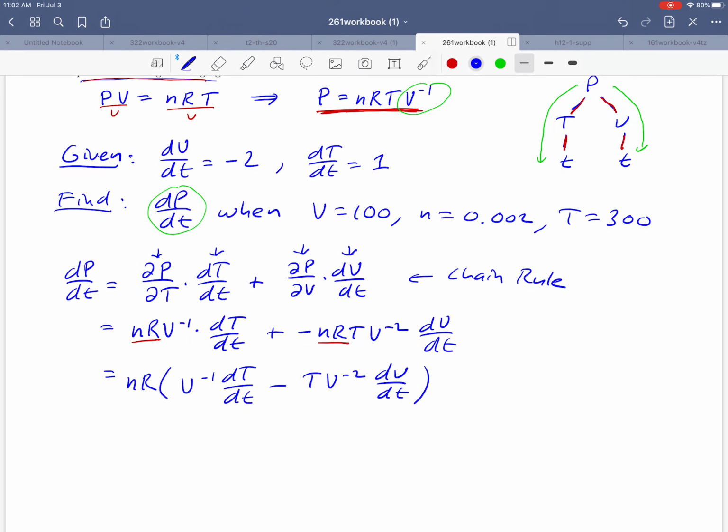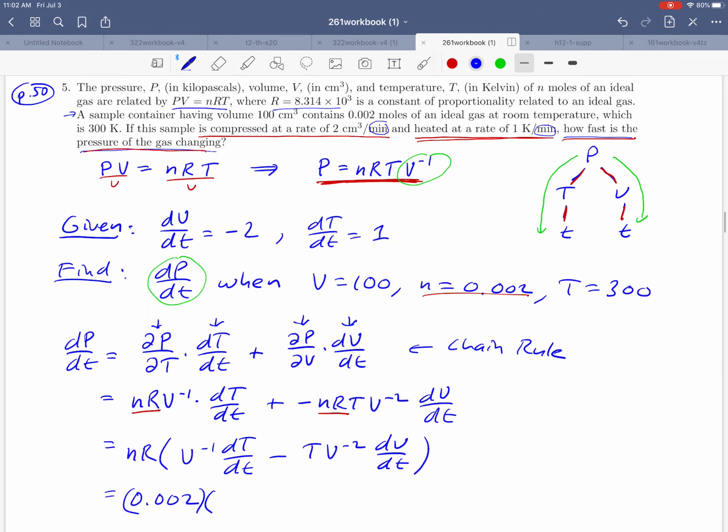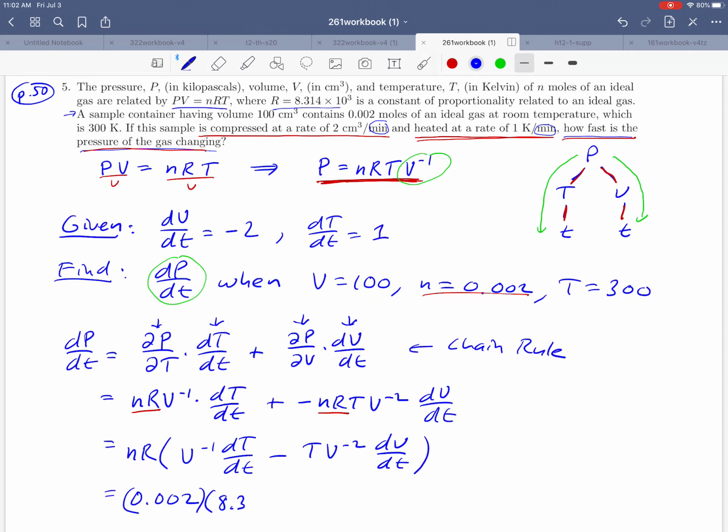Okay, now let's go ahead and substitute our values in. So let's see, we've got n from up here, n is 0.002. Okay, we've got R next, and let's see, I have to sneak a peek at that. That was 8.314 times 10 to the third.